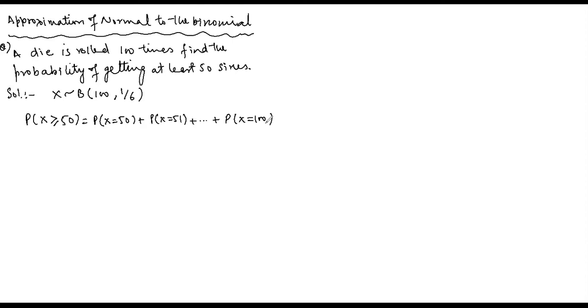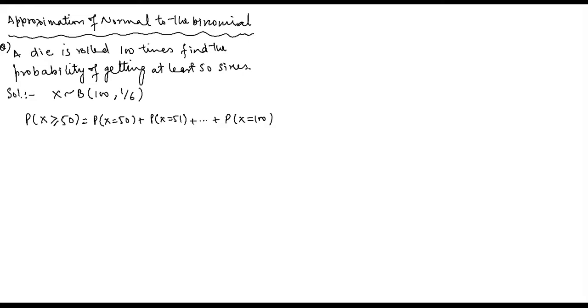Now we will switch from binomial to normal. First of all, I will elaborate this process with the help of an example. The question is, find the probability of obtaining 4, 5, 6 or 7 heads when a fair coin is tossed 12 times using a binomial distribution.